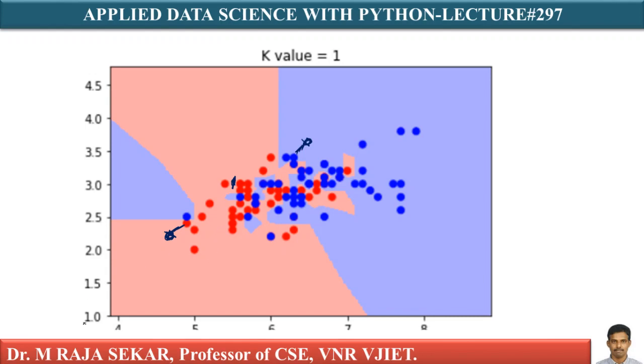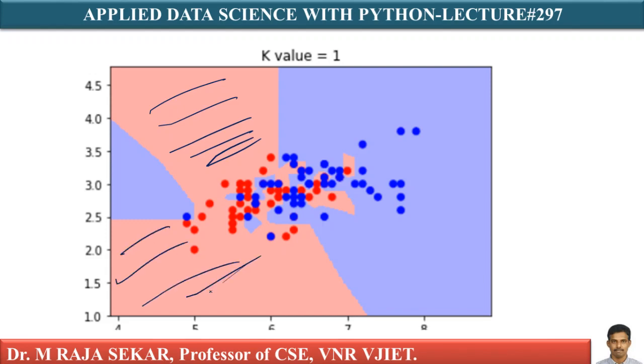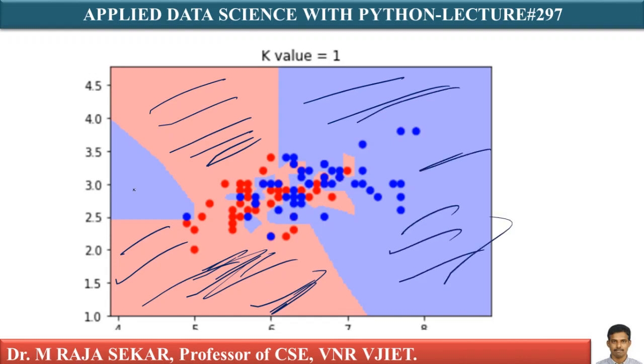This whole region, if you observe carefully, is the red region, isn't it? Whereas this whole region is the blue region. Just observe. This whole region will be red, whereas this whole region will be blue.